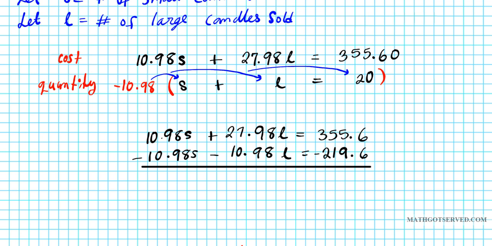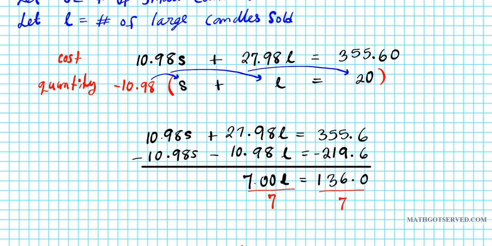We eliminate S and we're left with the variable that we want to end up with. These two add up to 0, and when you combine these two, you can clearly see you have 17.00L, and when you combine these two, you can subtract with your calculator. You end up with 136.0. To finish this off, you simply divide both sides by 17.